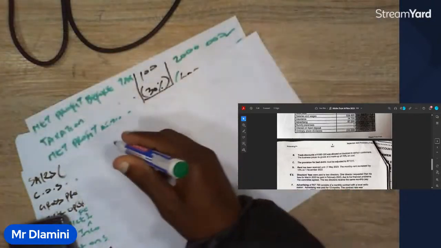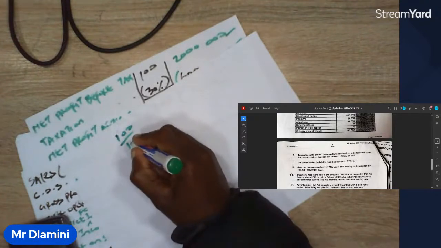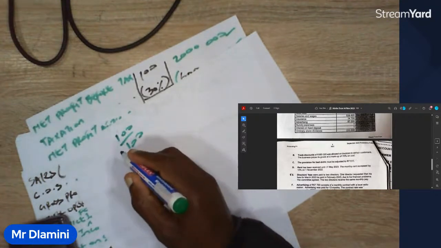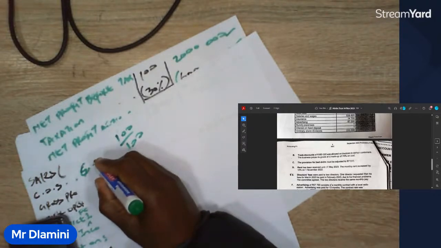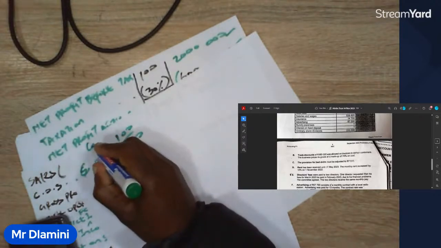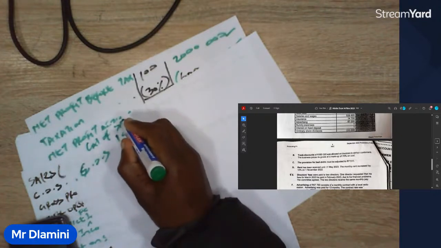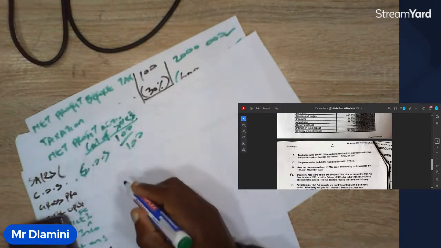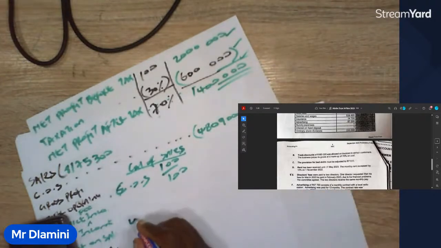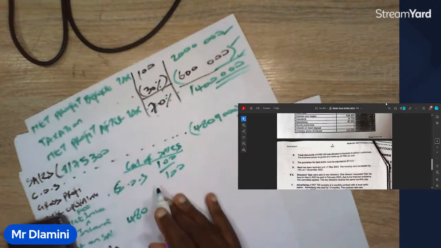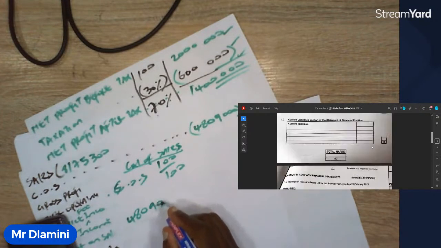So remember, from 100 divided by 100, right? Because we are calculating for the sales, which means we are given the cost of sales. This is the calculation of sales, right? So we do have the cost of sales. The cost of sales is 480,000.